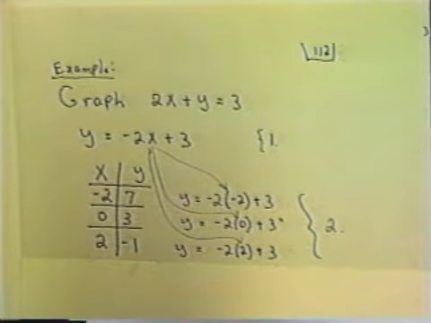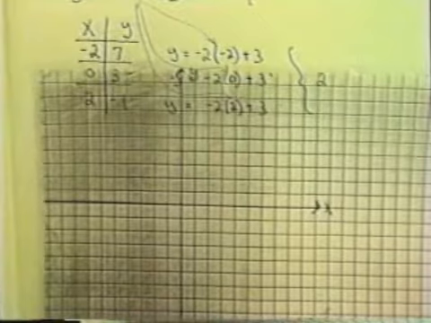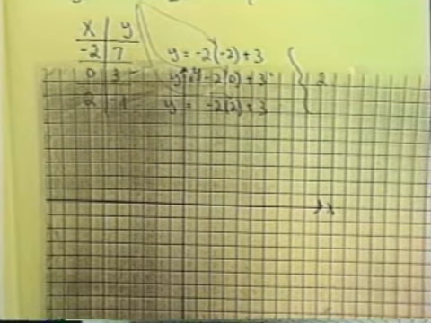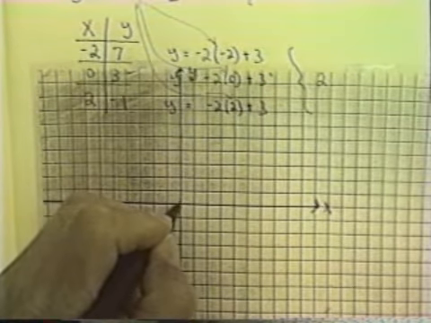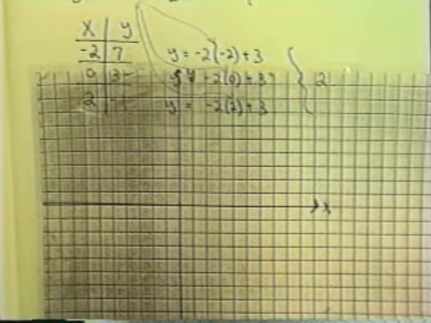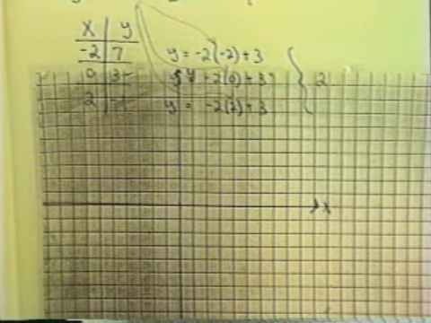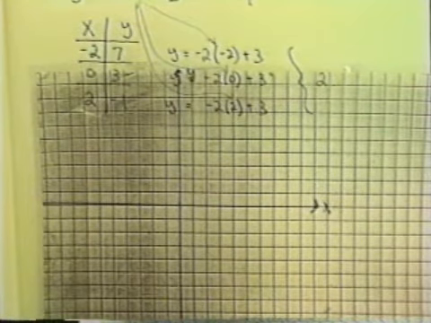Now once you get your table of values, then you want to graph or plot the points. So I'm going to move this up so we can barely see it, and we are going to now plot the points. I hope you can see this graph. It is kind of dark, but here is the origin, and we want to plot the points negative 2, 7.